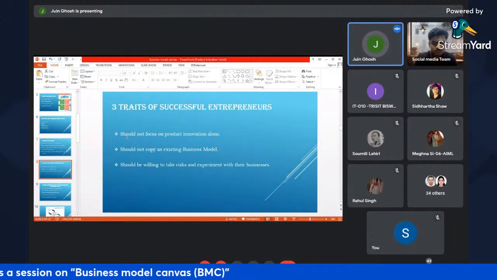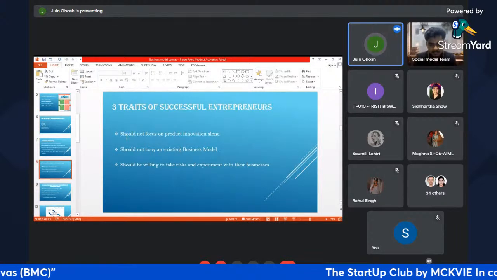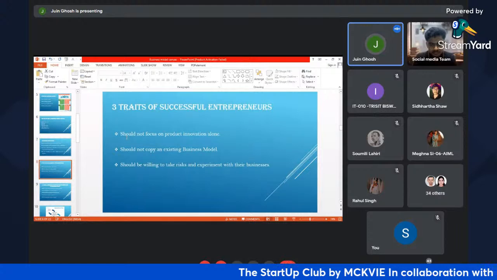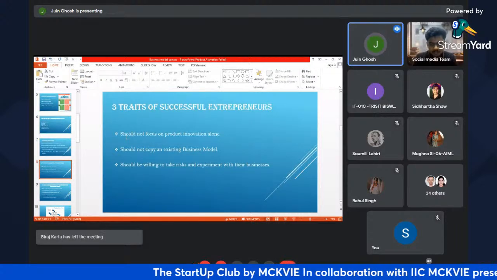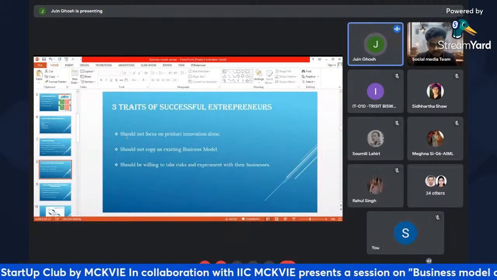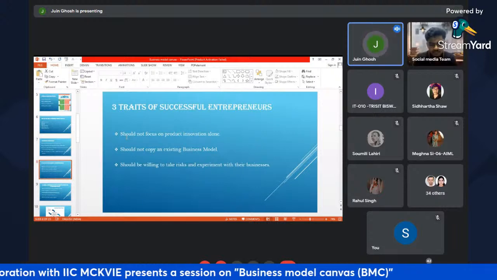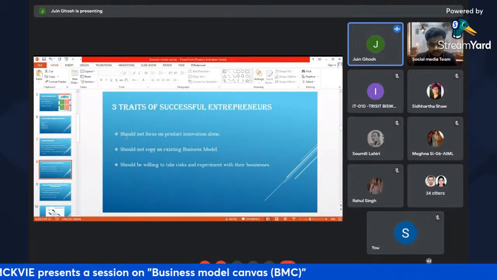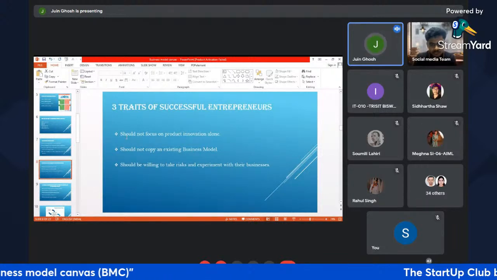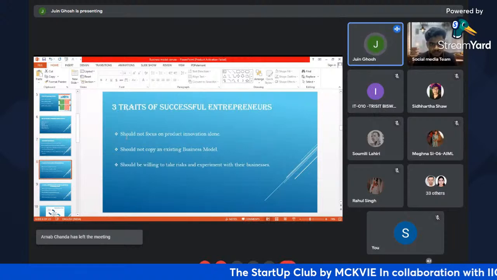This would be the things that are required for a successful entrepreneur, that they should, rather than product innovation, also make a thorough survey about the total available infrastructure, the customer base, and a proper survey should be conducted from the customers to have a know-how about what is the call of the day, that is, what the customers are in need of. In spite of having a lot of competitors, what are the added features or added characteristics the company is looking for?